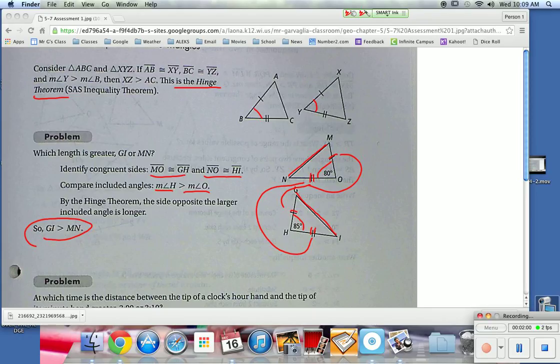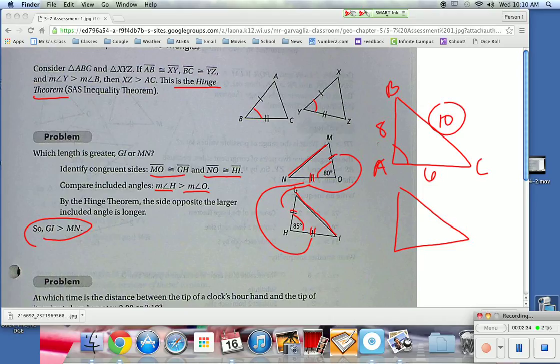Remember yesterday, you finished up 5-6 where we said what is the greatest angle or greatest side, depending on the length of the side? It's based on that same thing. If I have a triangle A, B, C, and this is 10, this is 8, and this is 6, my greatest angle is going to be right here based on this number. Same thing if I reduce this a little bit.